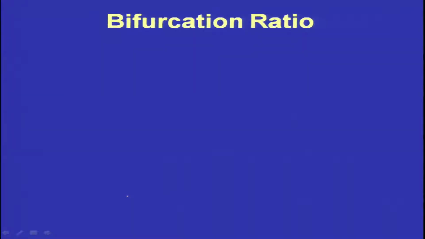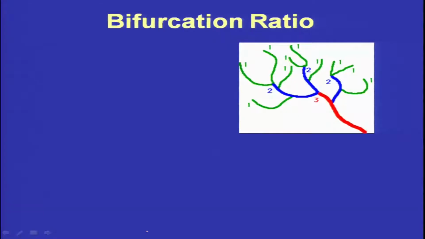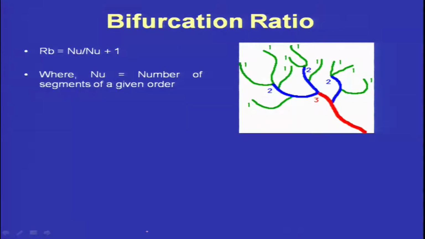Now, if we have to come up with a bifurcation ratio, as I told, we can have a number of streams, and based on the number of streams of a particular order, you can talk about the bifurcation ratio. Now, what is the bifurcation ratio? Let us look at this. It is denoted by RB, which is equal to Nu by Nu plus 1.